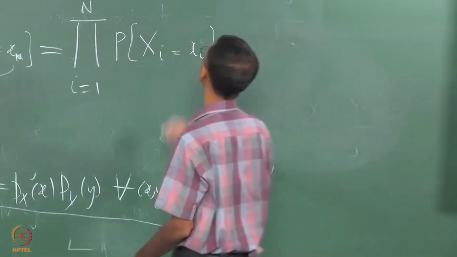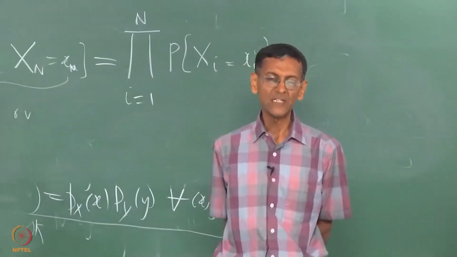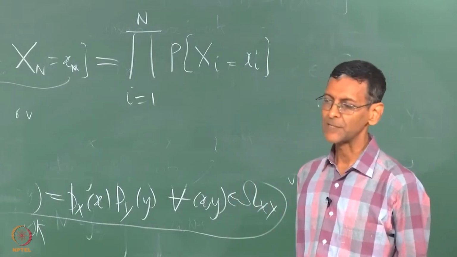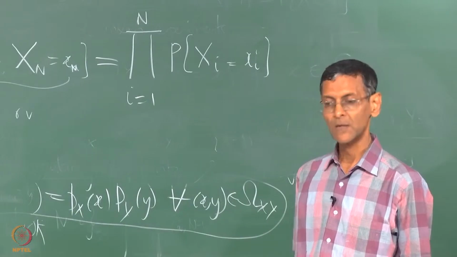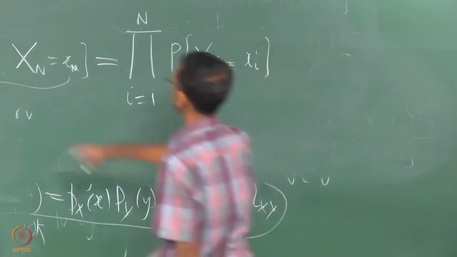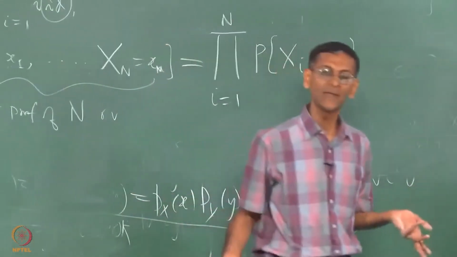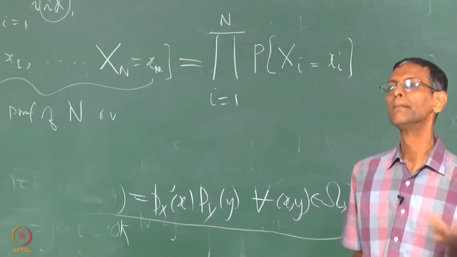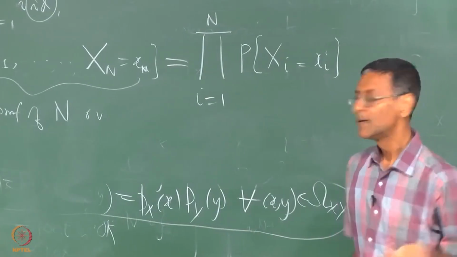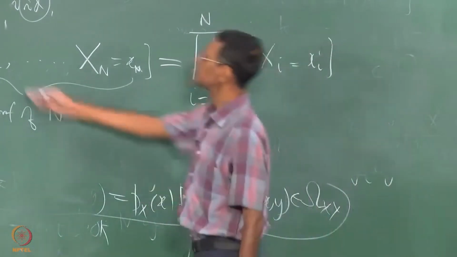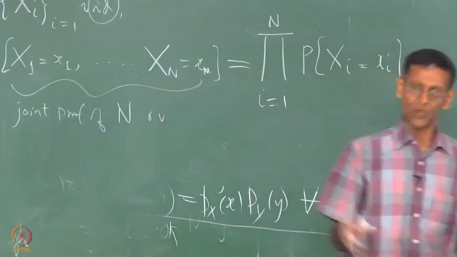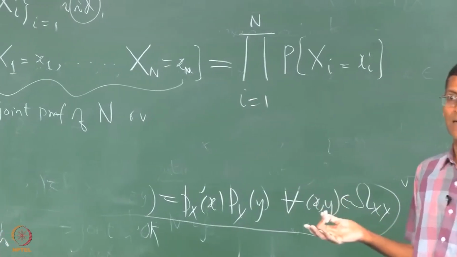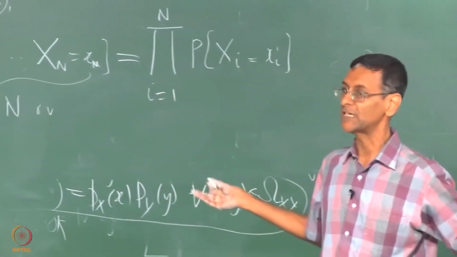So if each of them is a Bernoulli random variable, for example indicating success or failure, then this small x1 through xn would be any arbitrary n-tuple or n-vector with zeros and ones. And the probability of observing that, which we have already done earlier without calling it a random vector, we just said 2 heads before 3 tails and so on.